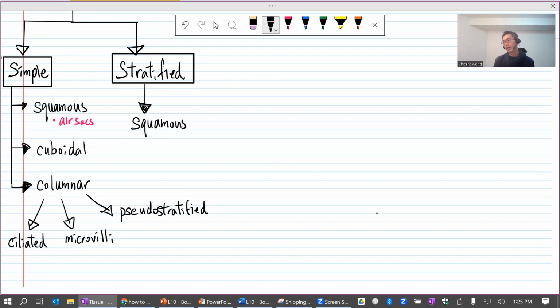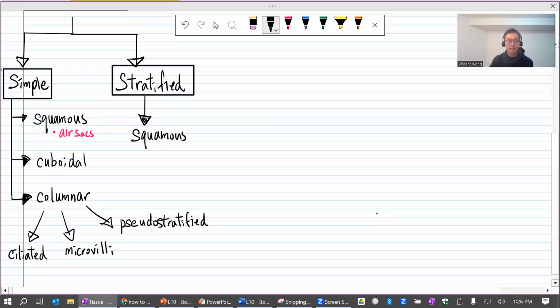They could be keratinized, as in the ones in the skin, or non-keratinized, as in the ones in the mouth. But that's your job to write out the examples, because if you just copy it from me, it doesn't go in as nicely, right?